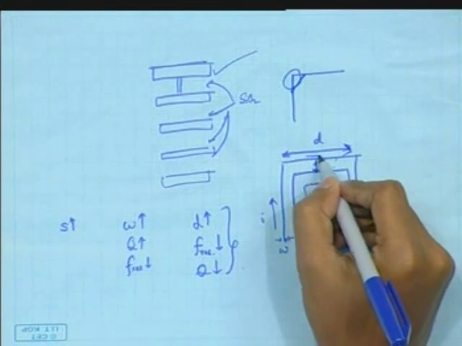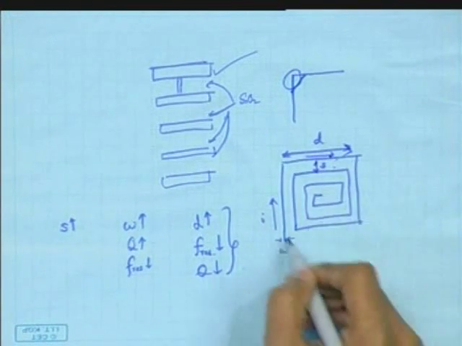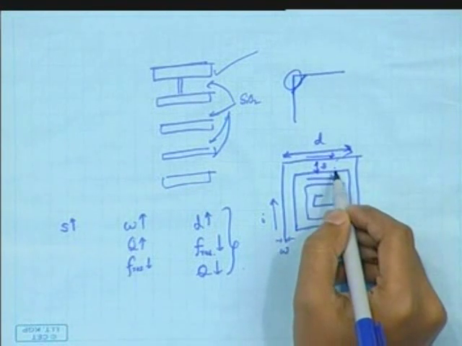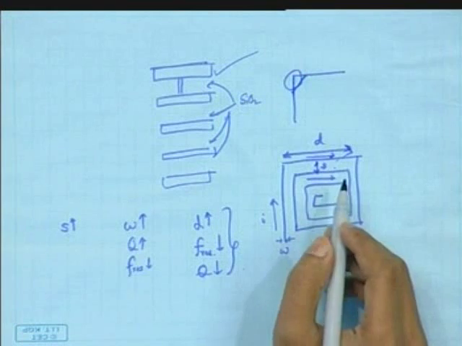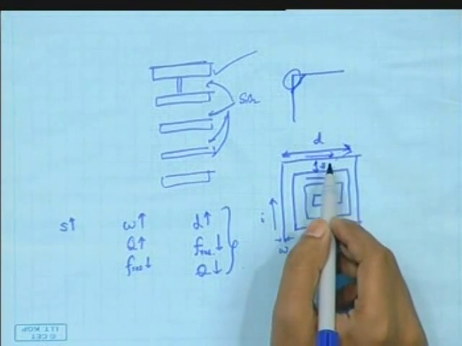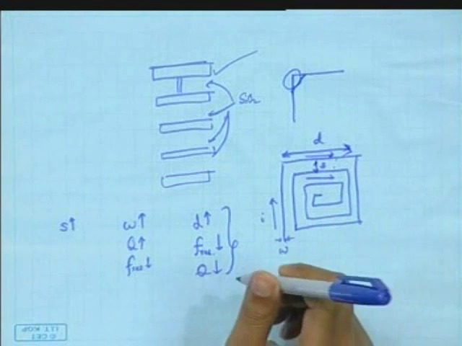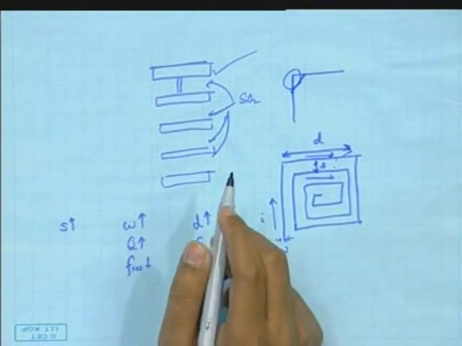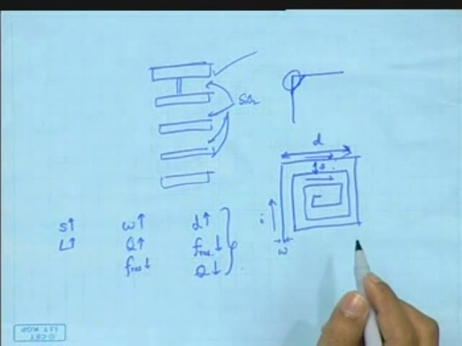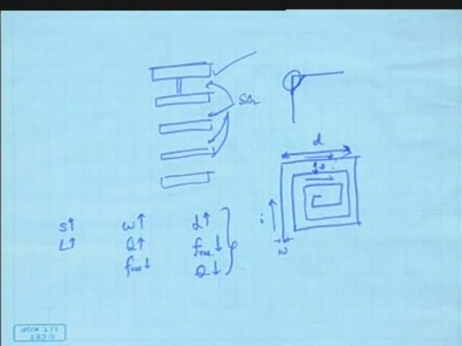Through this line the current flows here, then it comes back, again flowing in the same direction here. So these are helping magnetic fields, not opposing magnetic fields. Hence if I increase the separation, the magnetic field will be reduced, so the inductance will also be reduced. Yes, keeping the other dimensions constant.